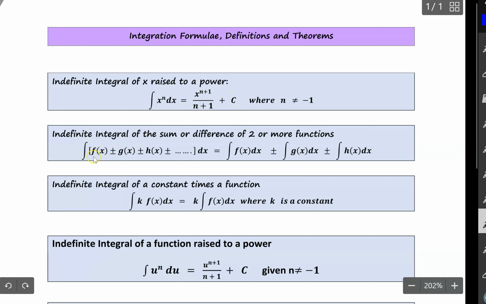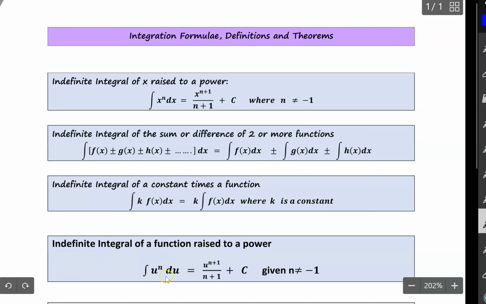And then we've learned about the sum and difference of two or more functions as the integrand. You can break them into individual integrals, then integrate each of these integrals. Then if you have a constant multiplied by a function, you can bring that constant across the integral sign. And what we have in this lesson is that you are going to integrate a function raised to a power.